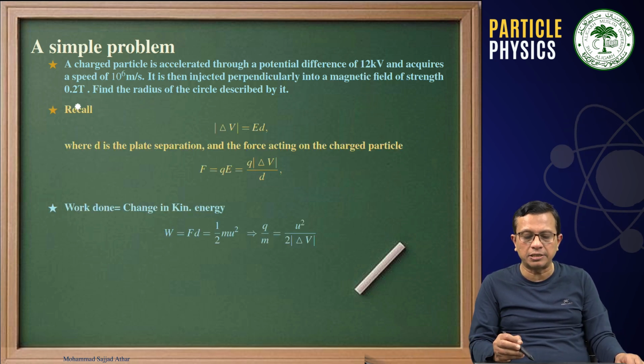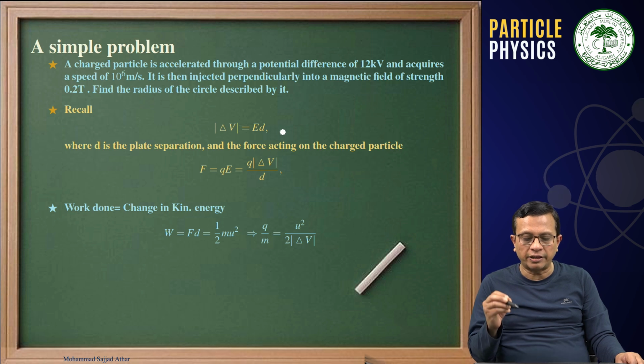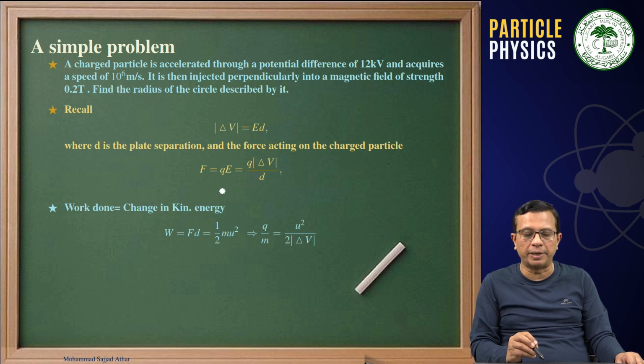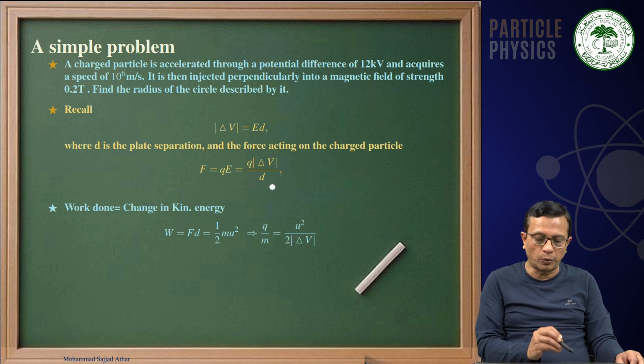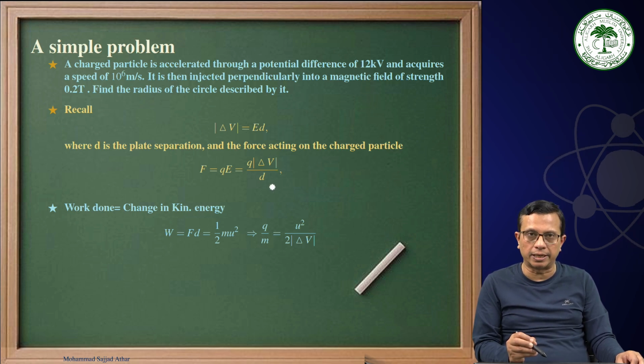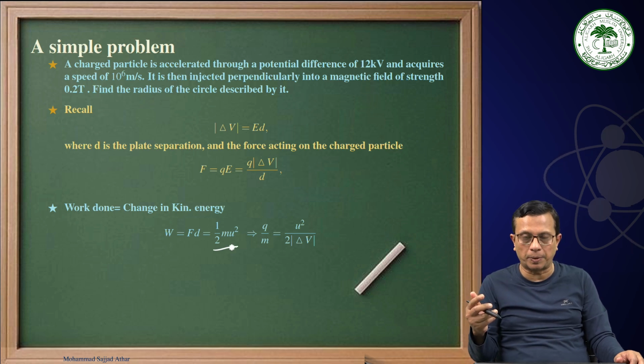Therefore, delta V is equal to E d, and the force acting on the charged particle will be q E, and that will be simply q delta V by d. Now the work done will be the change in kinetic energy, and therefore W will be equal to force times the distance the particle has moved, and that should be equal to the kinetic energy gained by the particle.